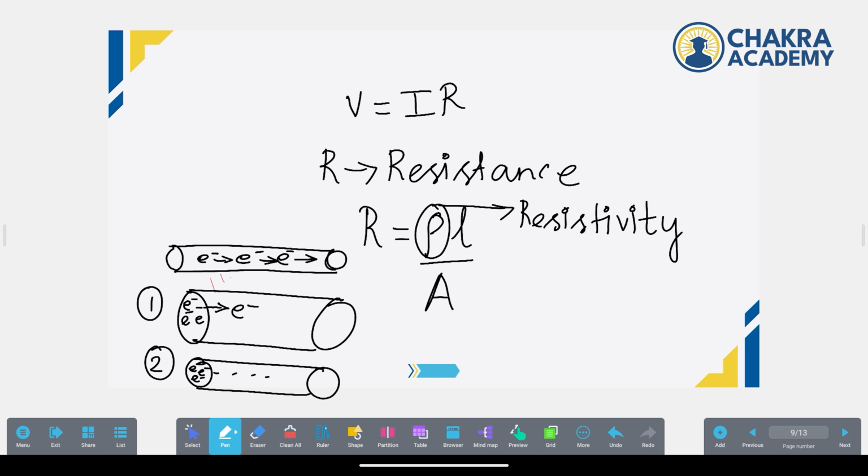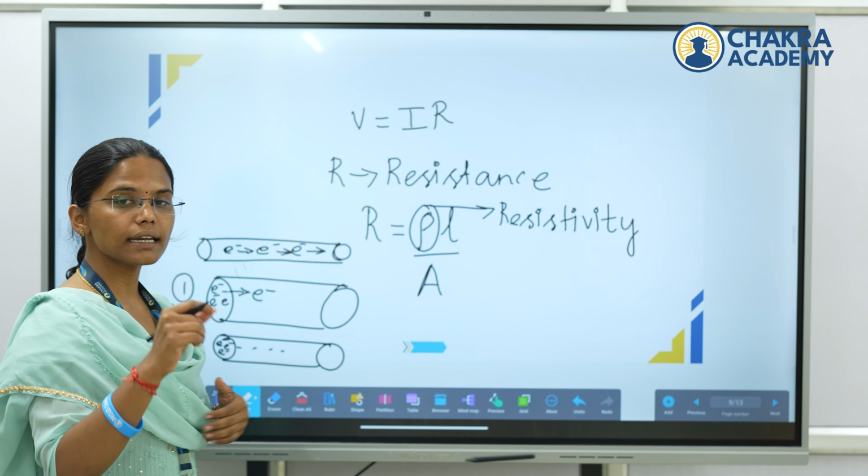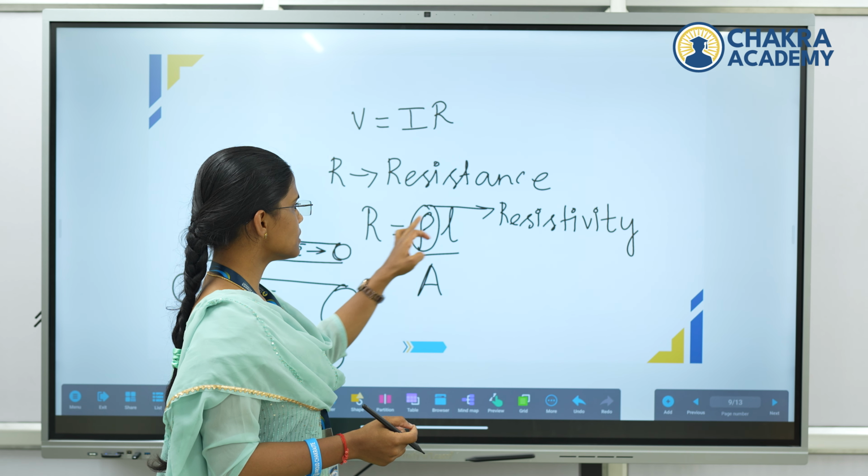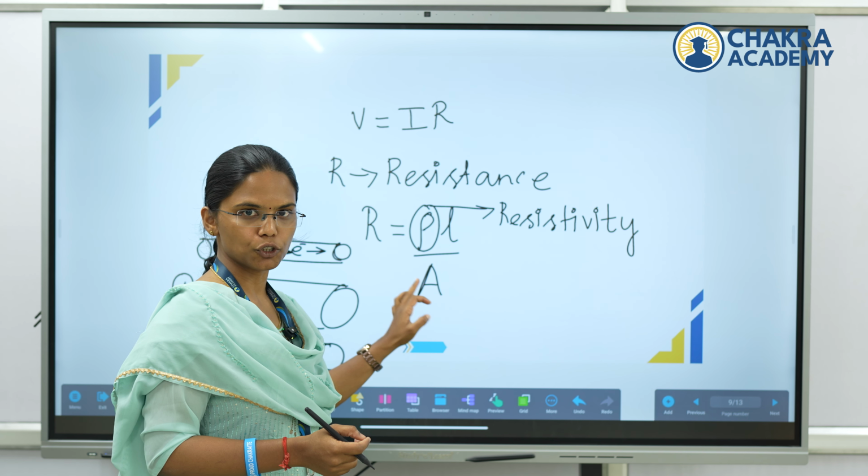That is why the resistance is inversely proportional to area. What it tells is that if the area increases, resistance will be low. If the area decreases, resistance will be high. The main reason behind this is collision. So we saw why resistance is proportional to length and inversely proportional to area.